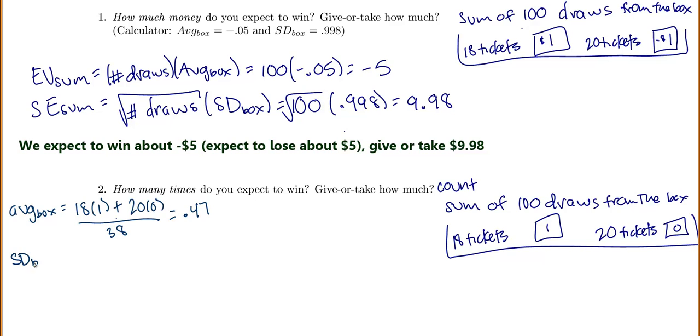Now for the standard deviation of the box, this is where we get to use that formula. There's only two different numbers inside the box, so it's going to be big number minus small number times the square root of the fraction of the big number times the fraction of the small number.